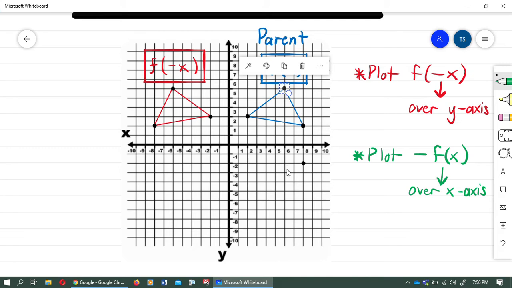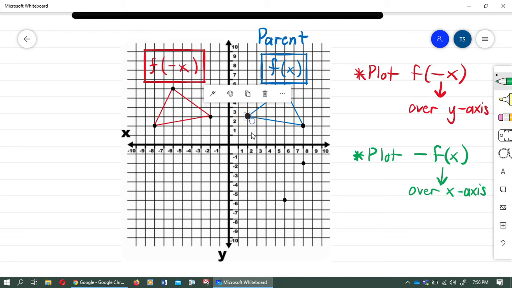So we need to go 6 units on the other side of the x-axis. And like I said, guys, you can count that. 1, 2, 3, 4, 5, 6. And then 1, 2, 3, 4, 5, 6, right? So that's where the new point will be for that one.